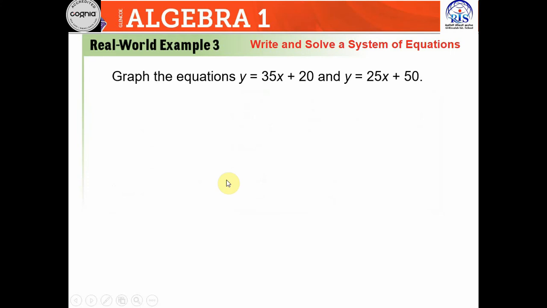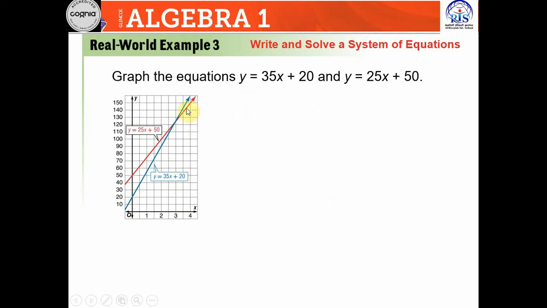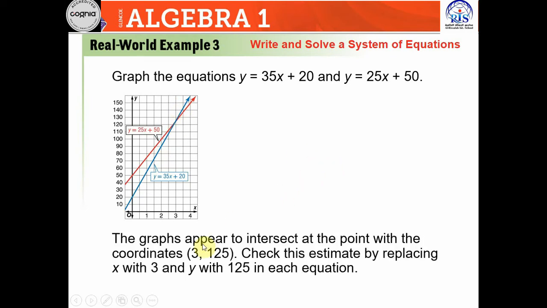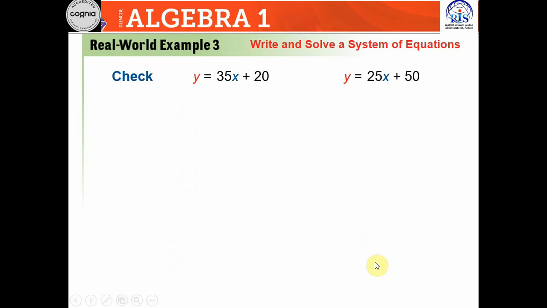After we graph the two equations, we find that the two lines intersect in one point. They intersect at the point (3, 125), which means that both boys, Diego and Naresh, will meet at this x, after you replace y equals 35x plus 20 and y equals 25x plus 50.